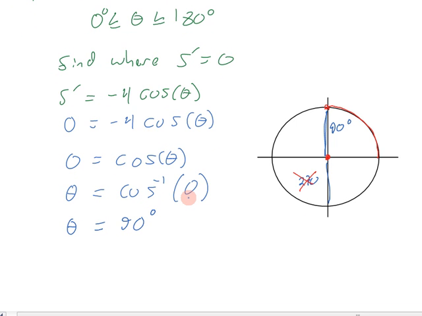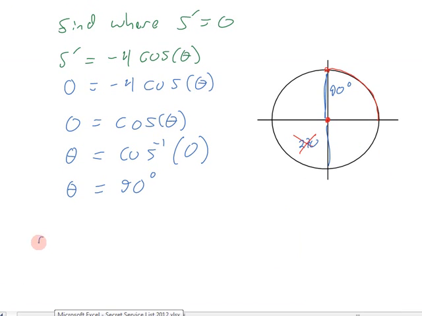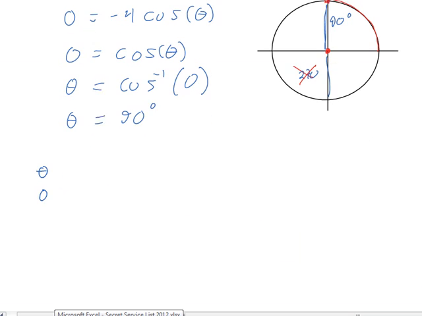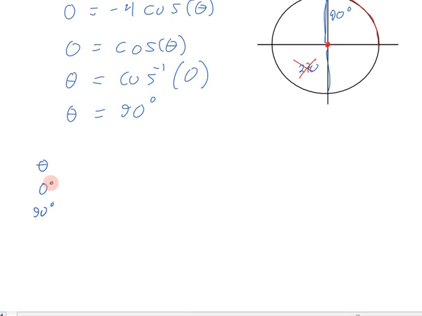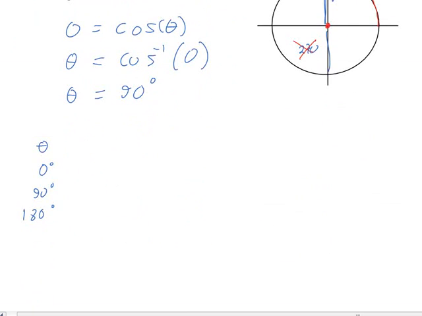What we have now are 3 possibilities for the local minimum, or any minimum, of the area. The possibilities are theta could be 0, theta could be 90 degrees, or theta could be 180 degrees. This comes from my solutions to when the derivative is 0, as well as the limits on my function. What I have to do is determine which of these is the smallest, and I'll find out by plugging them into my formula for area, which was 2 pi, take 4 sine of theta.